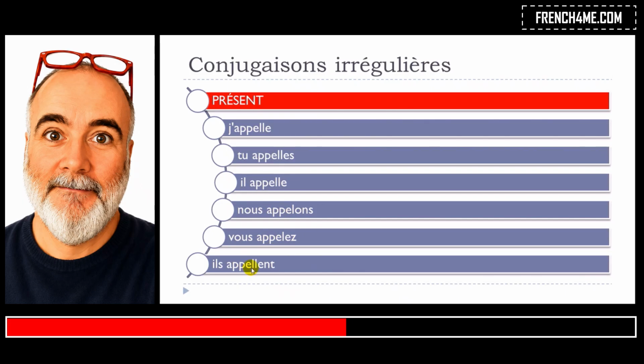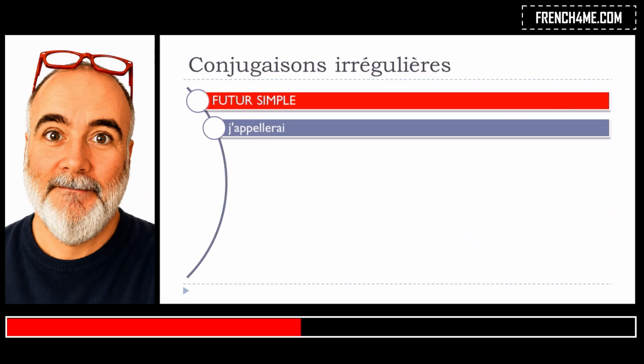And back to this open E, double L, ils appellent. So j'appelle, tu appelles, il appelle, nous appelons, vous appelez, ils appellent. Keep in mind that je, tu, il, and ils are concerned, and that you've got to double the L.